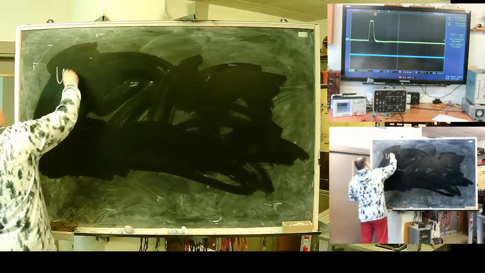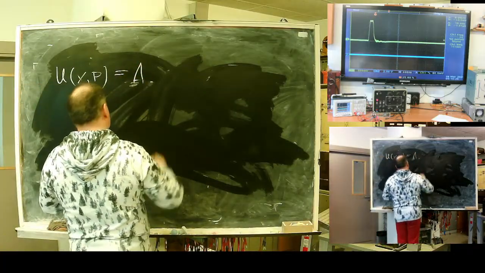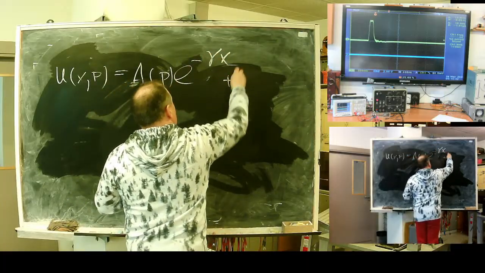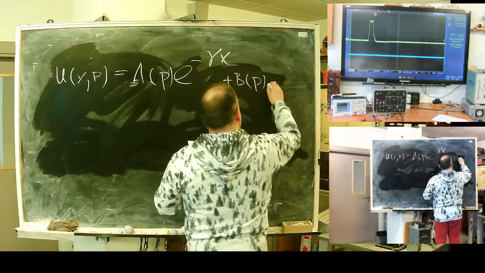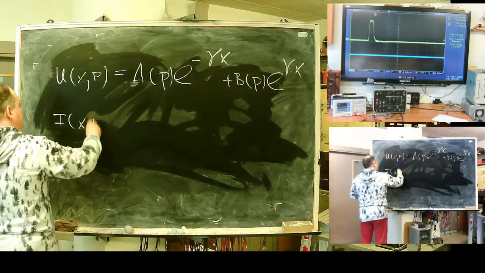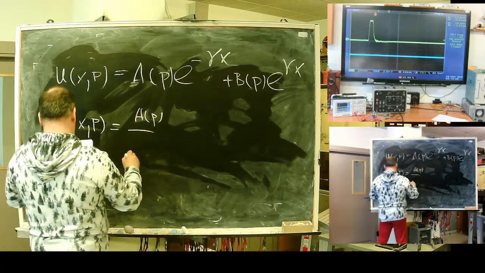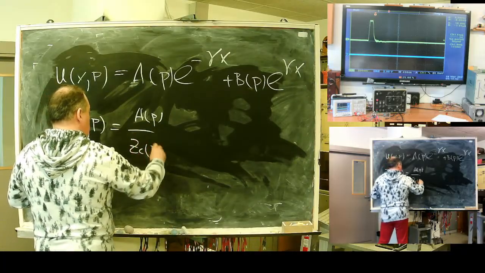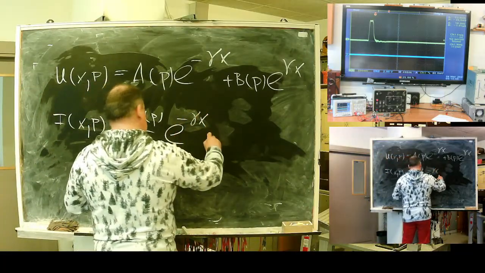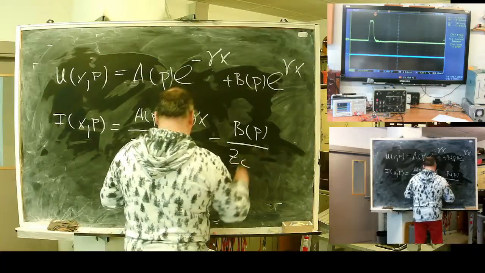So I can use the known form of solution: voltage equals A e to the power gamma x plus B e to the power minus gamma x, and current can be written as A divided by characteristic resistance e to the power gamma x, minus B divided by characteristic resistance e to the power minus gamma x.